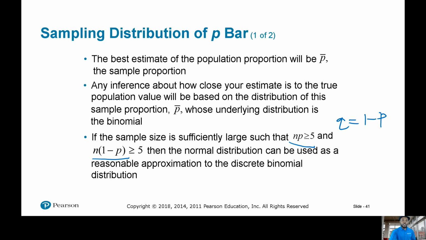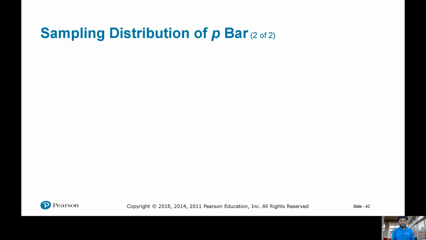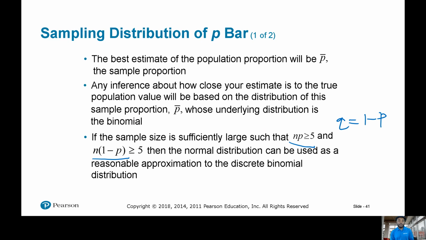So the normal distribution can be used as a reasonable approximation to the discrete binomial distribution. So in that case, we are also going to use the normal as an approximation in order to compute probabilities. Okay? All right, so let's see how it goes with some example.